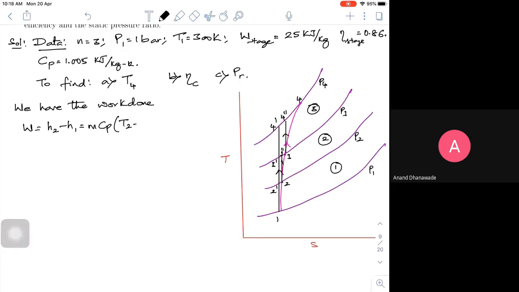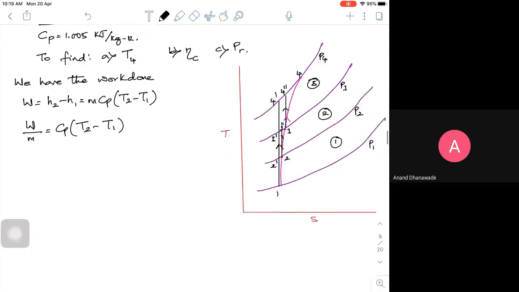Here m is what we are not including. So if you are looking at the specific work, W1, it will be Cp into T2 minus T1. This is nothing but the stage work.